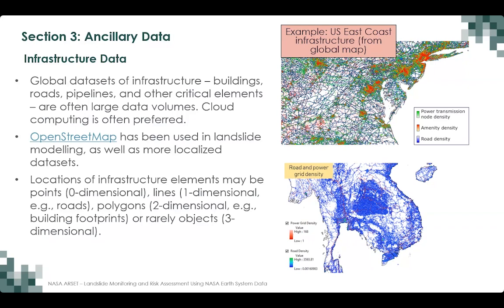You can look at the individual corners of a building, but if your landslide data set is only available at 1 kilometer resolution or coarser, it may be irrelevant to look at that 2-dimensional data when all you would need is a point to compare it with the landslide assessment. So again, thinking about the relative scale of your landslide hazard versus your infrastructure data is certainly a consideration when incorporating ancillary data like this.